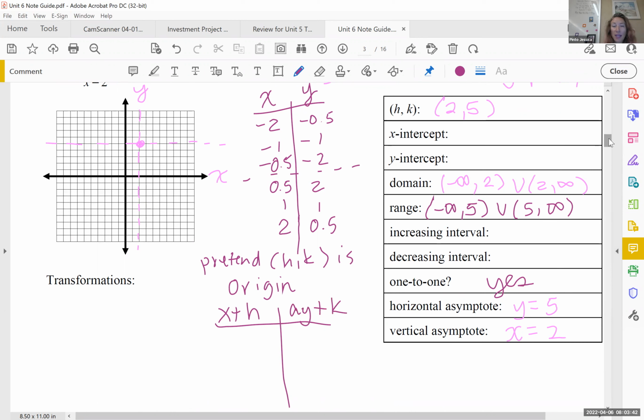I can make that table by saying these x values plus 2, and then these y values plus 5, but I find that to be really challenging. So I'm going to pretend that this is the origin. And I'm going to go from here -2 units and then down half a unit.